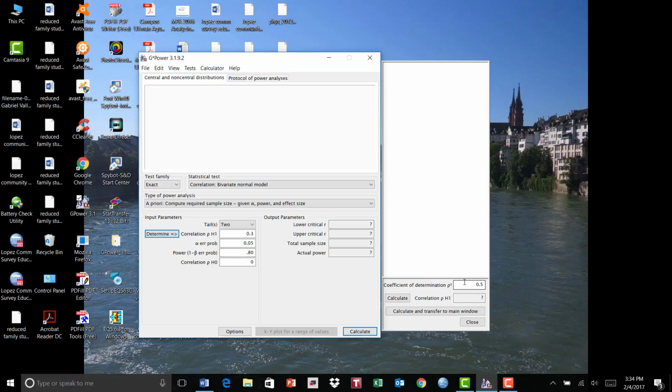That's actually quite a bit. Say for our purposes, we'd like to be able to detect 0.25. So we'd like to detect a relationship where 25% of the variance is shared. We calculate that this translates to a correlation coefficient of 0.5, and we can transfer it to the window here.